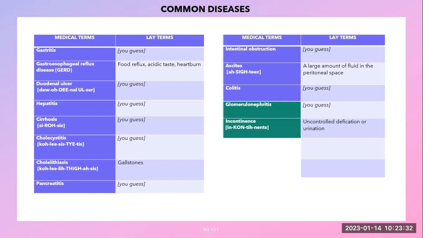That means you can't control your bowel movement too. Is it okay to use this term for the bowel movement? Yes, you can, but you have to make sure that you put the word right. Urinary incontinence means you cannot control the urination. And fecal, F-E-C-A-L. Fecal incontinence means you cannot control your bowel movement.